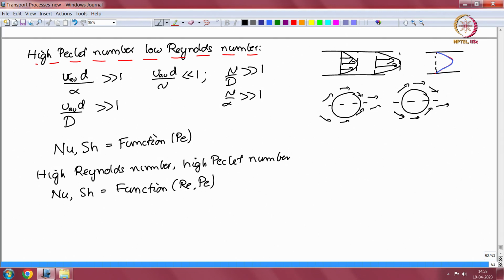So, those are the broad categories of transport processes, the dependence of Nusselt number and Sherwood number on the dimensionless groups. We will continue in the next lecture by looking at specific cases, flow through a pipe, flow past a particle, and so on. I will continue this in the next lecture. I will see you then.